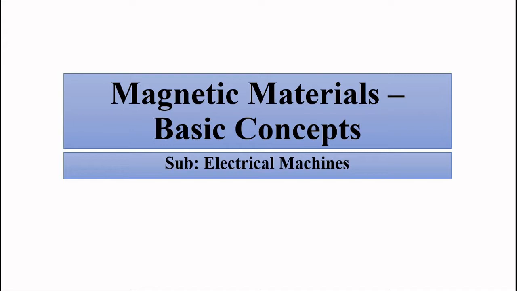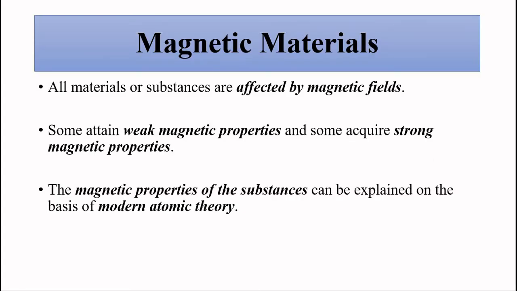So first, all materials, depending upon their important magnetic properties which we have discussed previously, such as magnetic flux density, permeability, susceptibility, are affected by external magnetic fields.